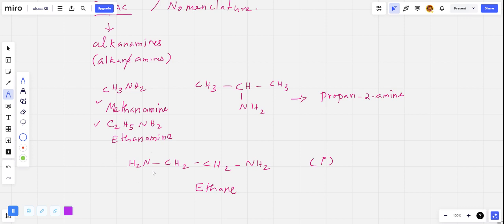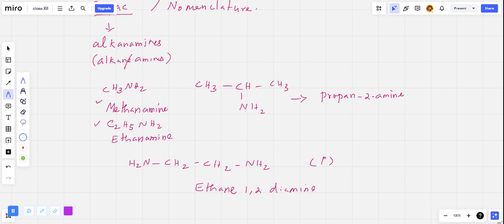But in this example, there are two amino groups at different positions, so we have to write the E in the hydrocarbon part. If you write without E, the name will be different.